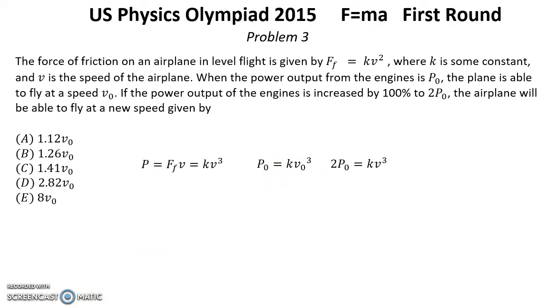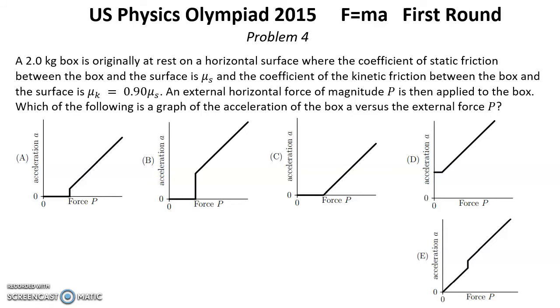If we increase power twice, we can use this formula to find what is the new speed. That will be the cubic root of 2 times V0, which is approximately 1.26 V0. That's the answer B.